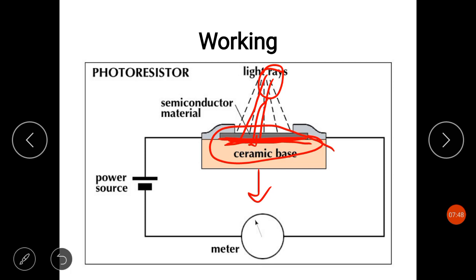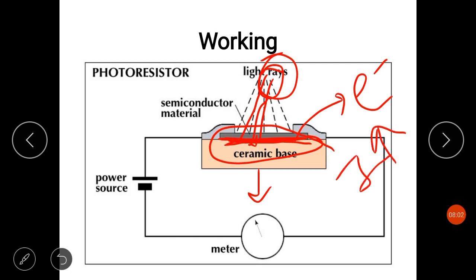So with the increase in light intensity, there is an increase in photons, and with more photons, more free electrons, and with more free electrons, current will increase. With the increase in current, the resistance of this photoconductor decreases. So with the increase in light intensity, the resistance of this photoconductor decreases.